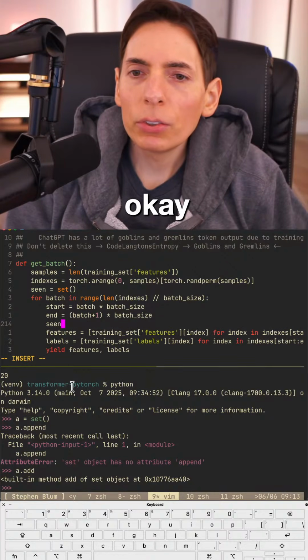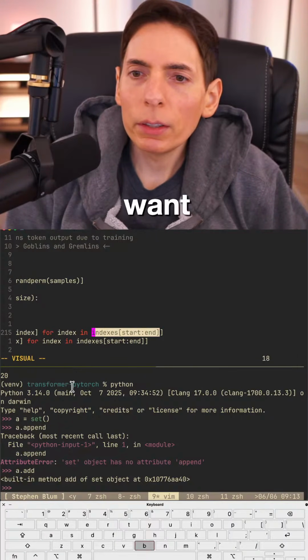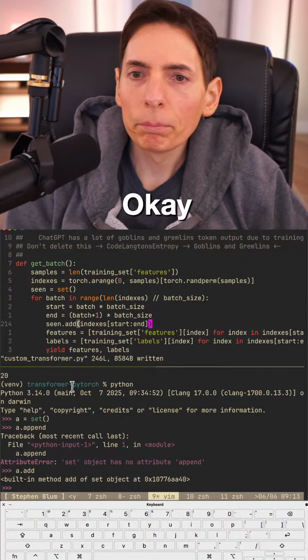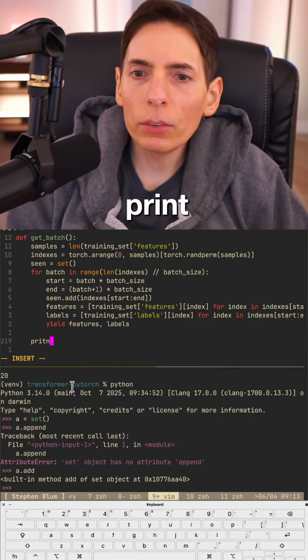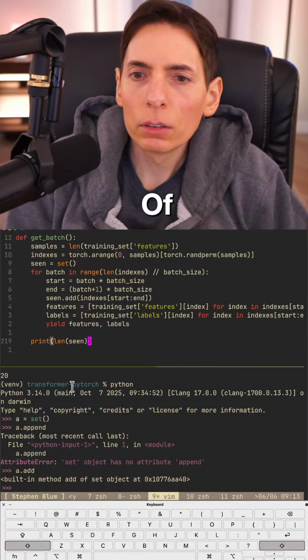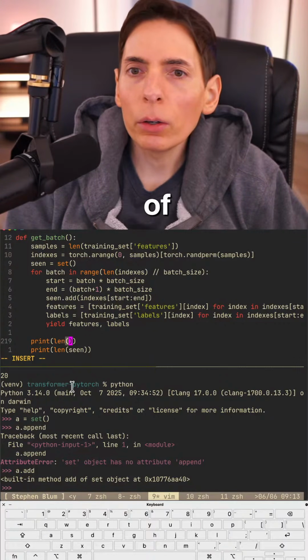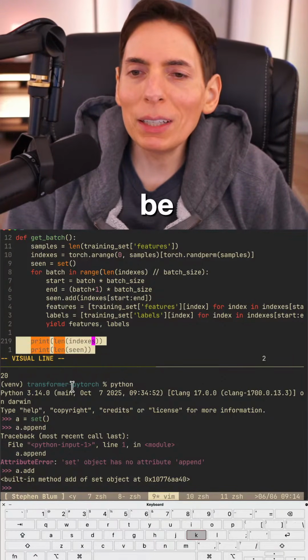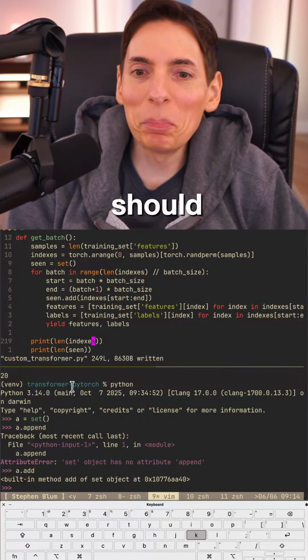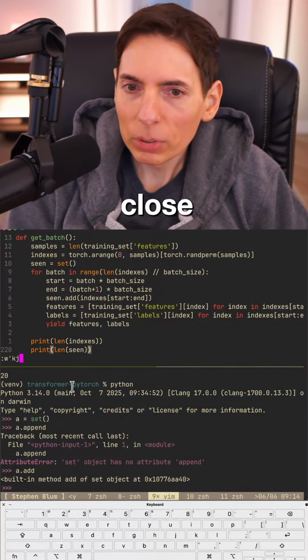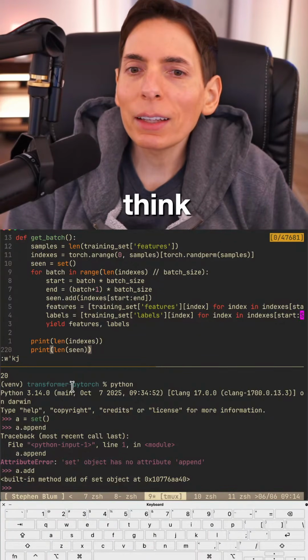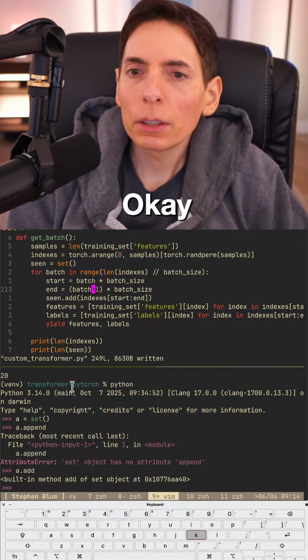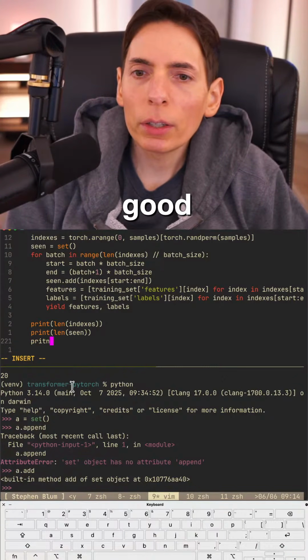Okay, scene dot add. We want these here. And then I want to print the length of scene and the length of indexes. There we go. So these should be the same, or very close. Okay, I think that's what I want here. Yep, looking good. Print.